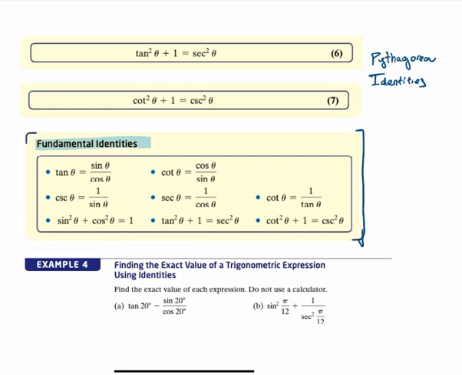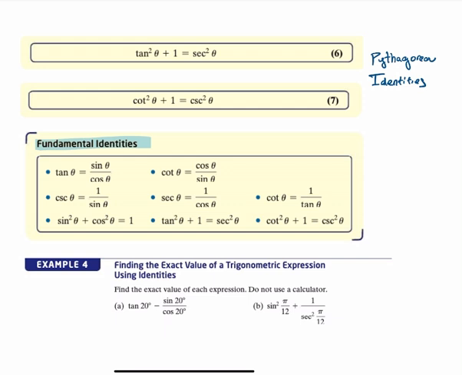You may want to copy it or add this to the identity sheet that you're building. This will be a good thing to reference. It's a way of relating trig functions to each other. So we have the points on the unit circle for values, and then we have these fundamental identities for how we can essentially turn one trig function into another one.